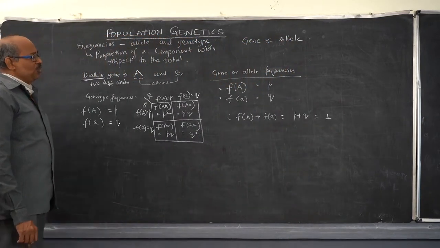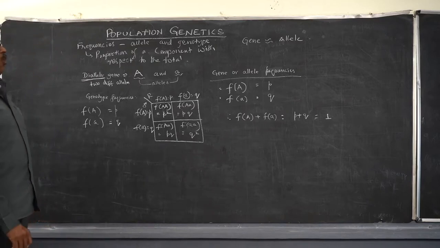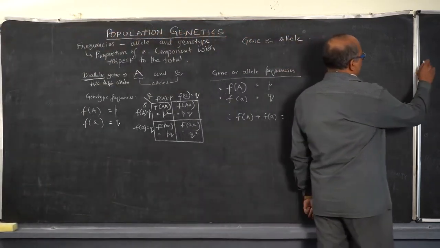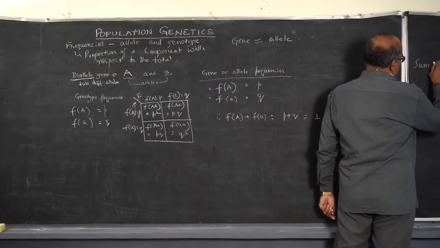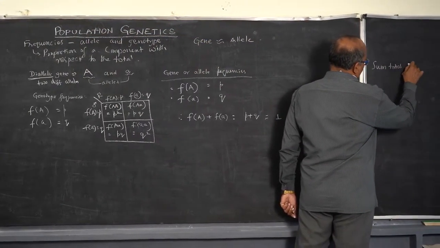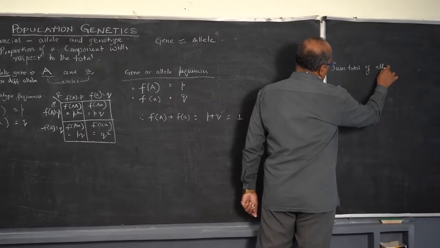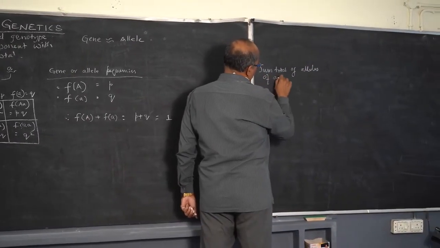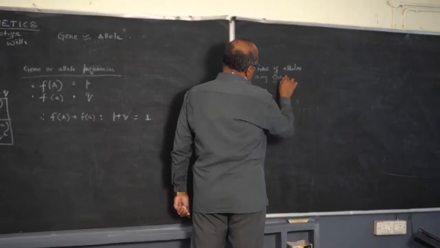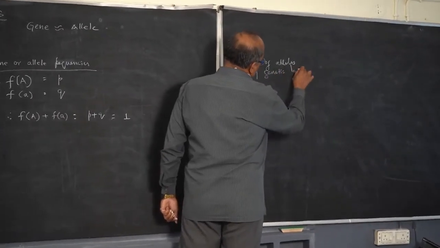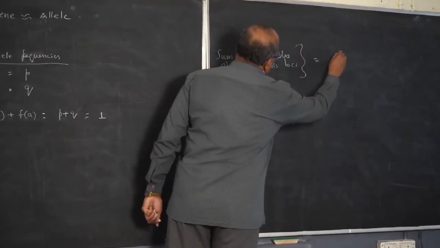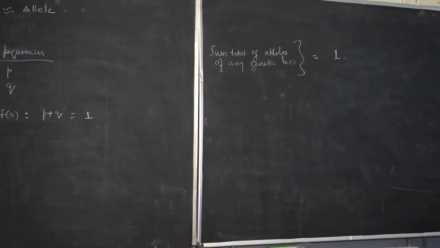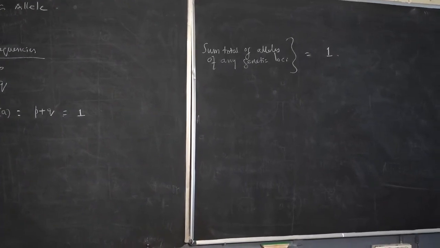So the sum total of alleles of any locus will always equal 1. This is something that we should always remember. And based on that concept, we will be able to derive the other allelic frequencies.